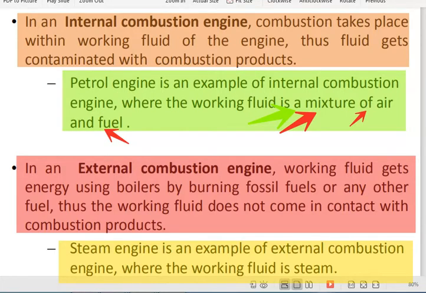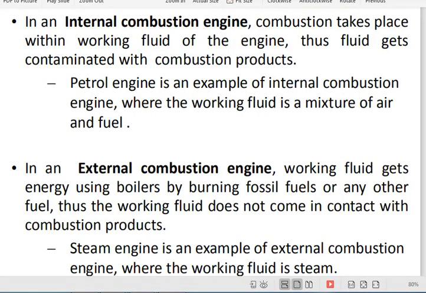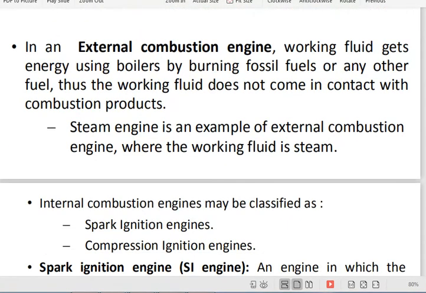The combustion occurs in a boiler, steam is produced, and that steam is pressurized and acts as a working fluid which makes the slider crank mechanism work, and thus you get the shaft output or the work output. Now let us move ahead.